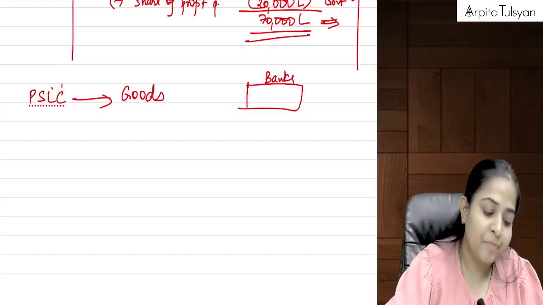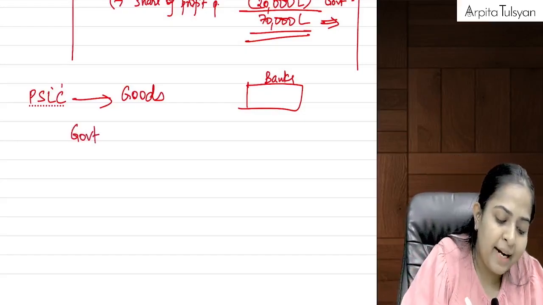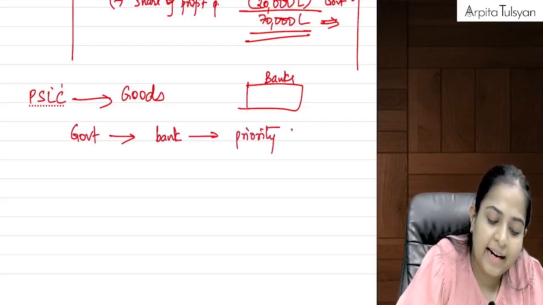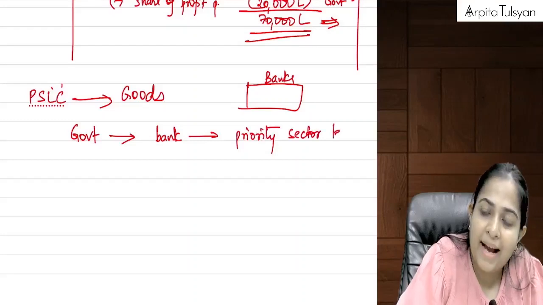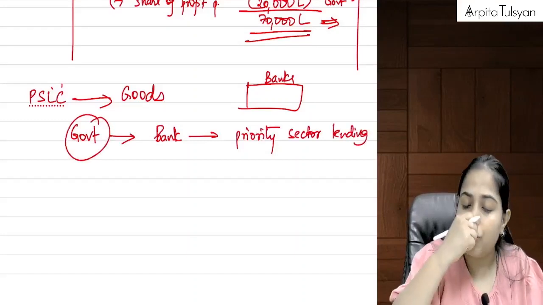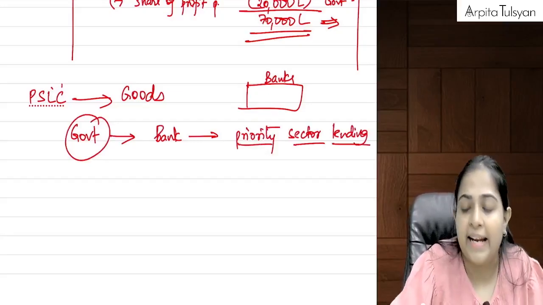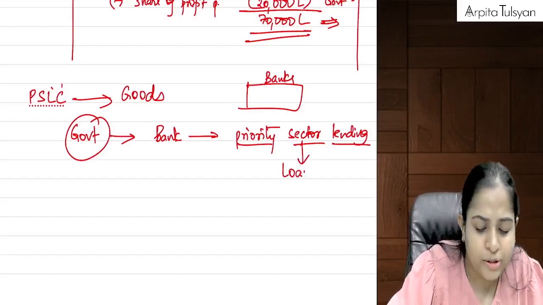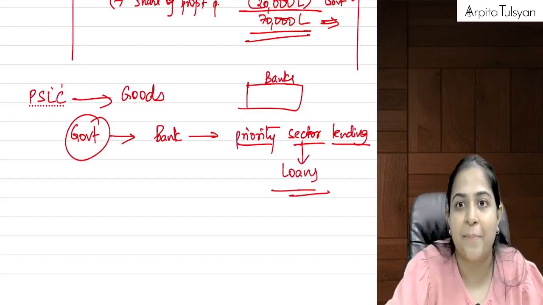Example. Now, government has told every bank that you should do priority sector lending. That is, to every priority sector in India, please give loans to them so that they can flourish their business.